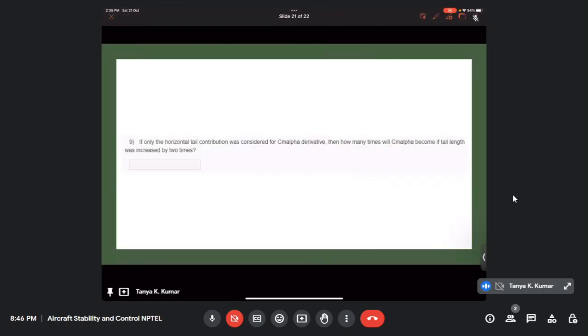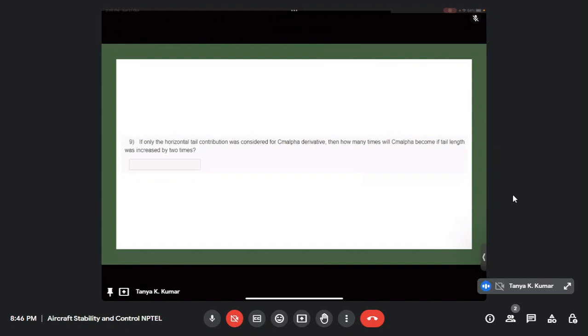Okay, if only the horizontal tail contribution was considered for Cm alpha derivative, then how many times will Cm alpha become if tail length was increased by 2 times? So Cm alpha only horizontal tail, so horizontal tail contribution. Cm alpha is what?